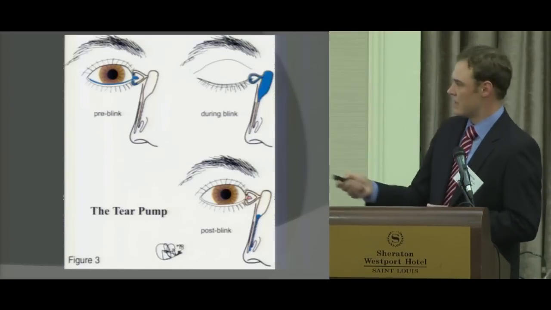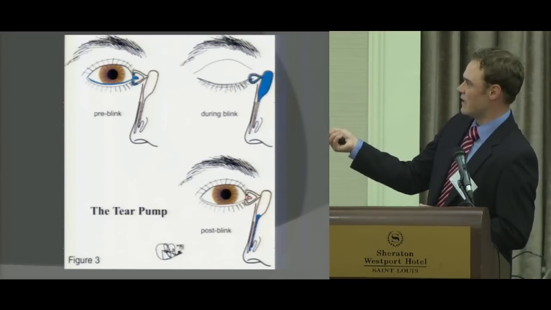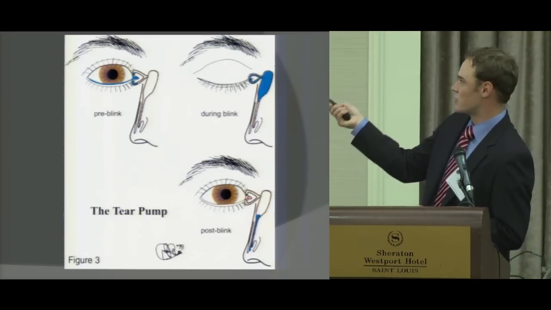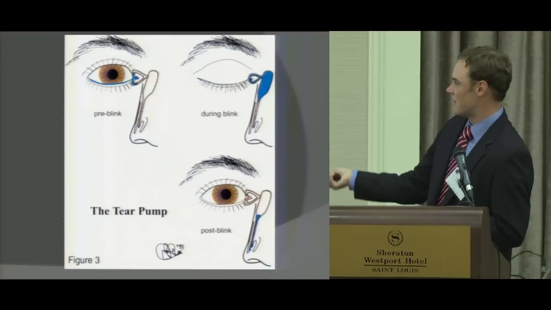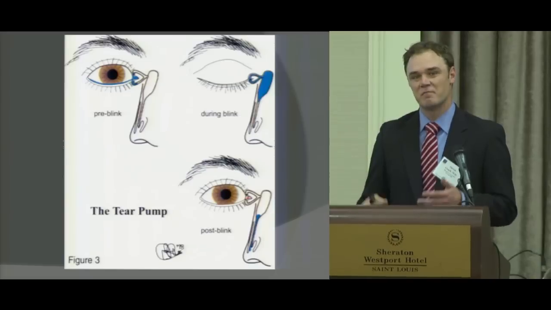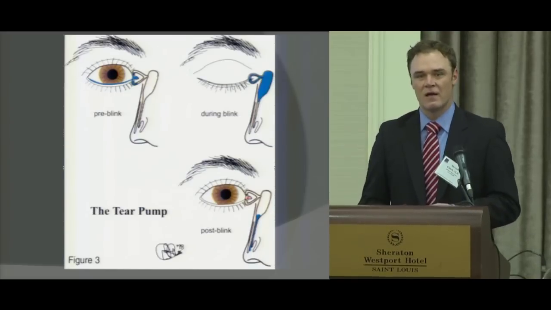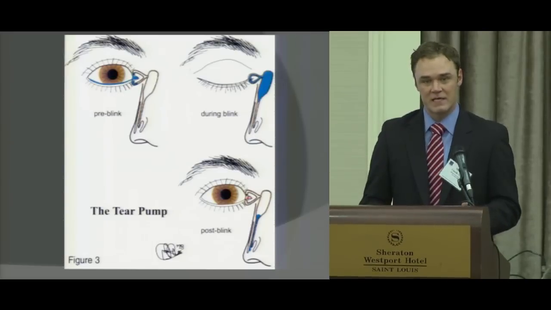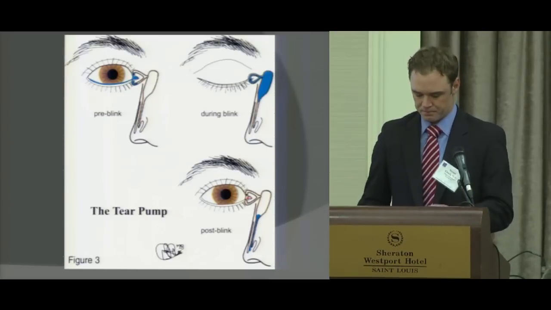So, for example, here the patient is blinking. The blinking causes positive pressure through that tear system and pumps it down into the nose. You have to have an active blink, and you have to have good muscle tone around the eye in order for that tear pump to actually work.